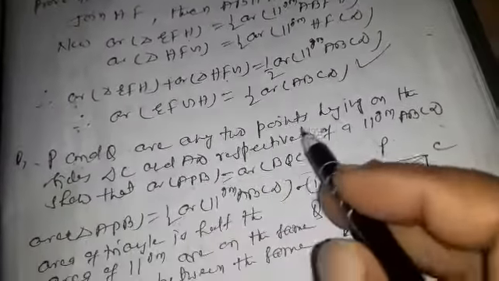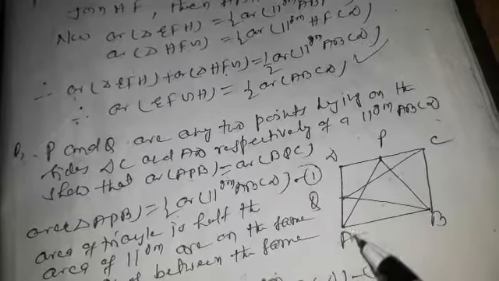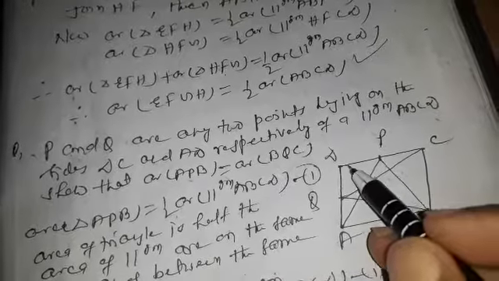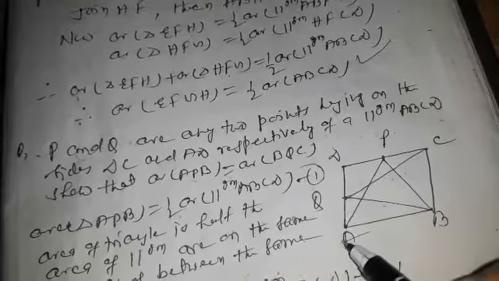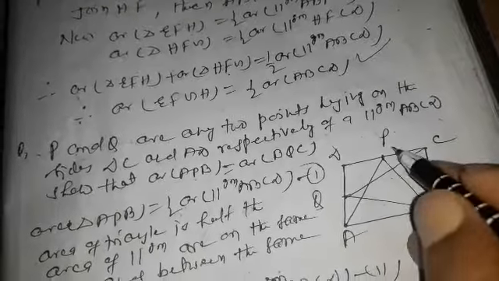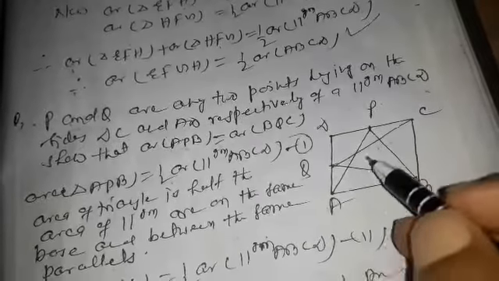Now next question is, P and Q are any two points lying on sides DC and AD respectively of parallelogram ABCD. Then we have to show area of triangle APB is equal to area of triangle CQB.